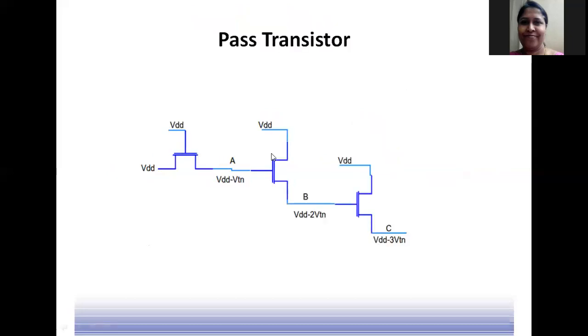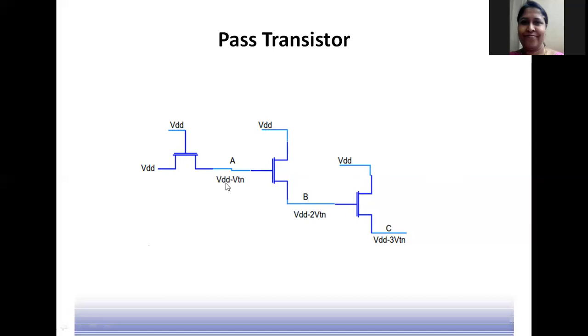But if you try to connect pass transistors in this fashion, let us see what happens. So you apply gate voltage VDD, and to one terminal you apply VDD, the other terminal acts like source. So what is the voltage you get here? You get VDD minus VTN, and that is applied to the gate terminal here. So when you apply VDD to one terminal which acts like drain, the other terminal here now gets gate voltage minus the threshold voltage of this MOSFET.